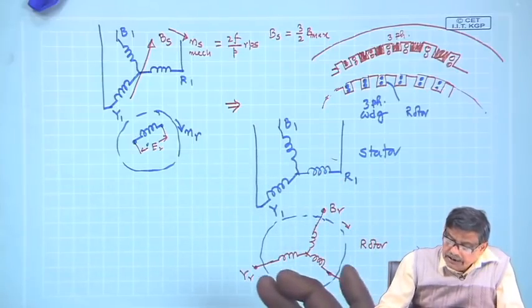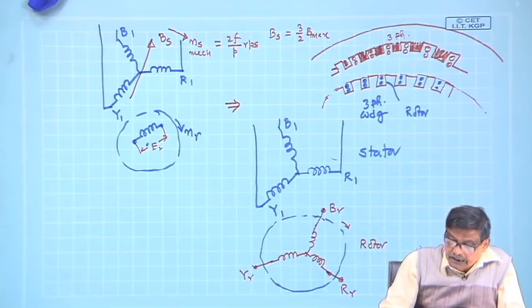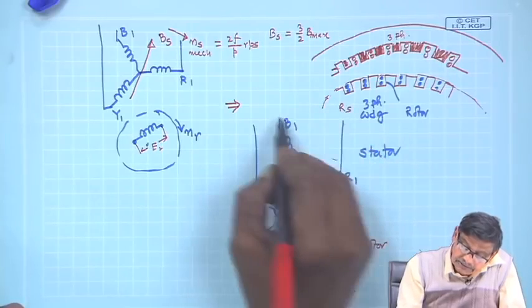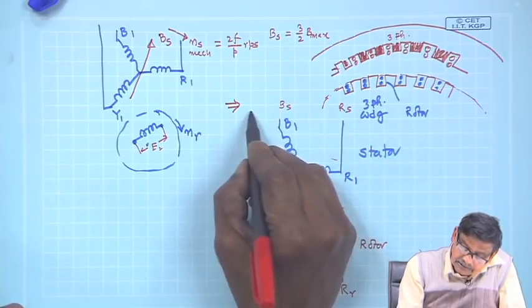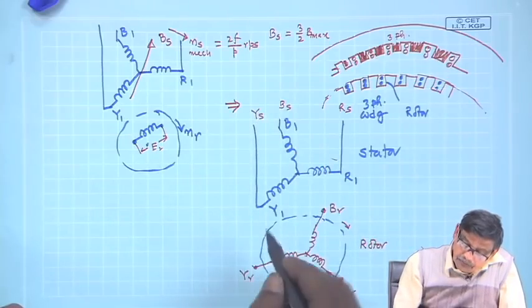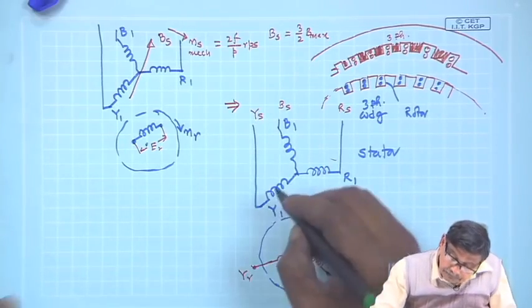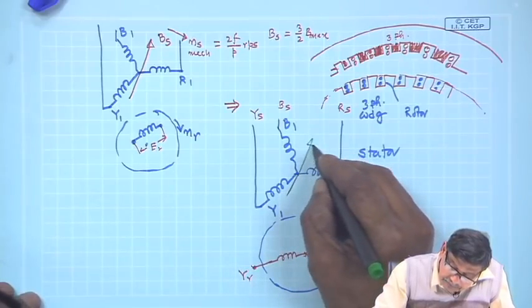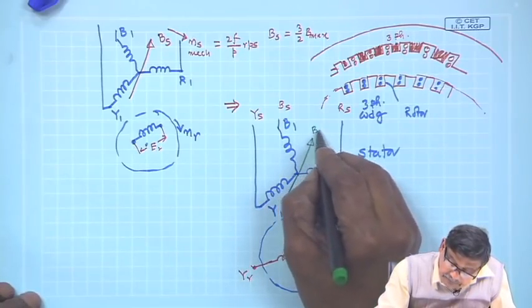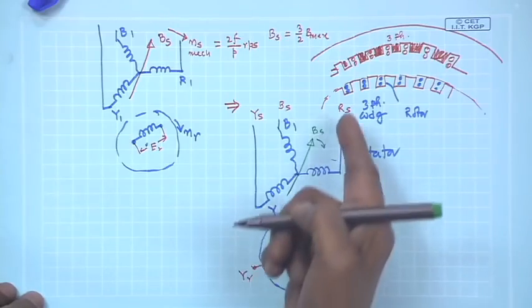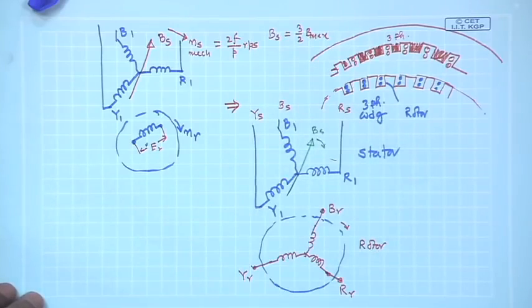With rotor terminals open circuited and the stator supplied from supply RS, supply YS and supply BS, we know a rotating magnetic field will result, which will be like this, Bs, and it will move in this direction provided the phase sequence is RYB.